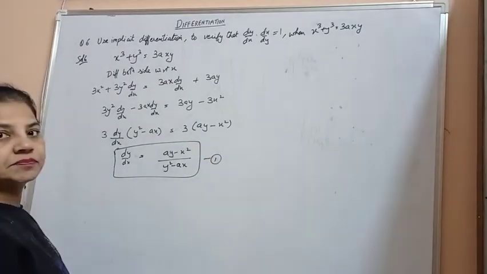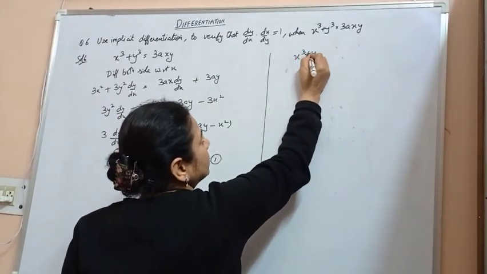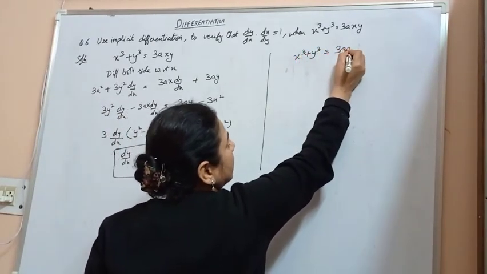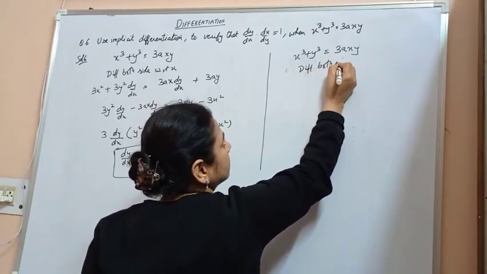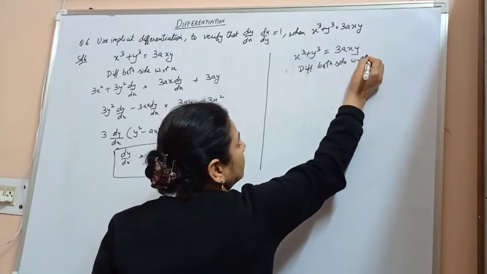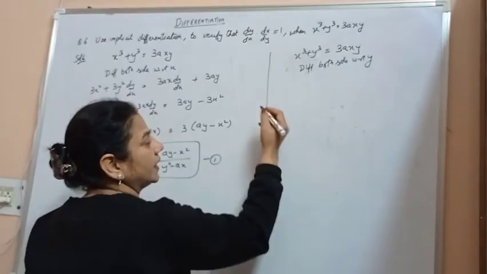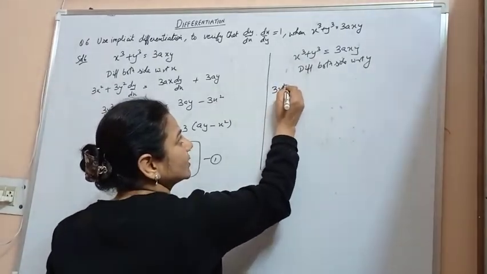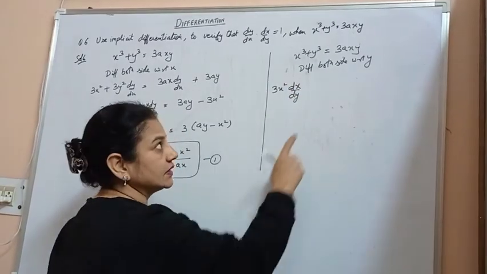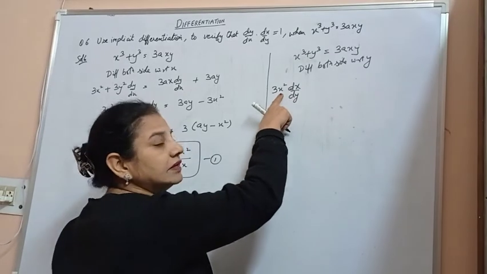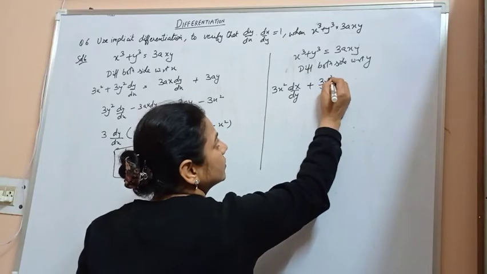Now next I differentiate with respect to y, having the same function x³ + y³ is equal to 3axy. Differentiate both sides with respect to y. Since I am differentiating with respect to y, my x³ differentiation will become 3x² dx/dy, as I am differentiating with respect to y, and the y³ becomes 3y².